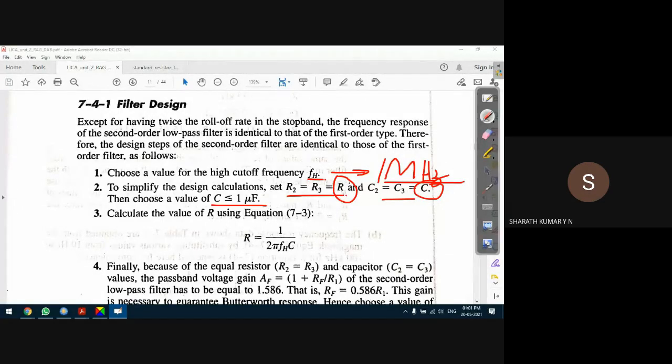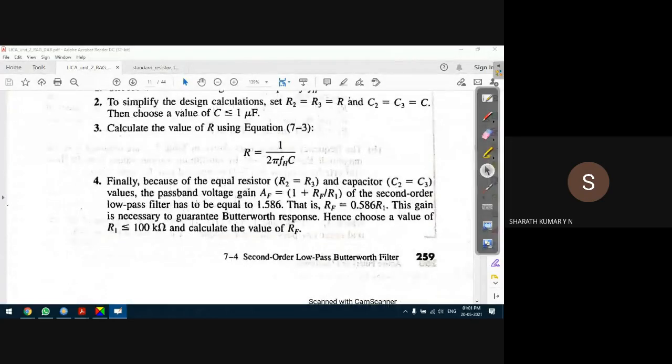C is always less than 1 microfarad, maximum 1 microfarad. It is always 0.1 microfarad or a standard capacitor value. The value of R is chosen using 1 by 2 pi fH into C. So R2 is equal to R3 and C2 is equal to C3.